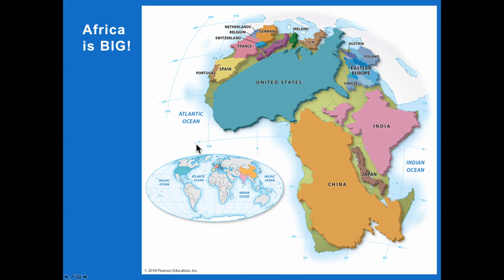It is a very, very big place. So just to give you a sense of its size, you could fit the island of Greenland inside of Africa 13 times. So it is a very, very large geographical place.